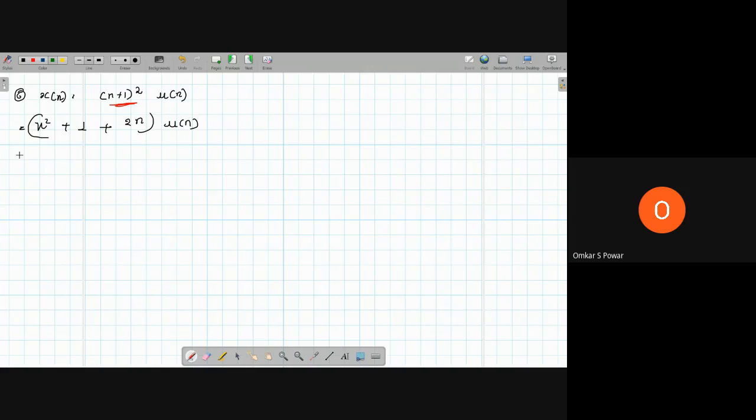So now we want to get the Z transform of each individual term. So the Z transform of x of n is equal to the Z transform of n square u of n, plus the Z transform of u of n, plus the Z transform of 2 into n into u of n.